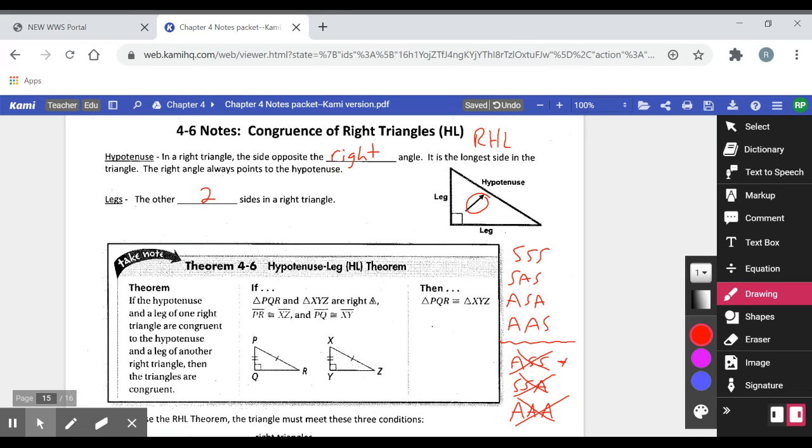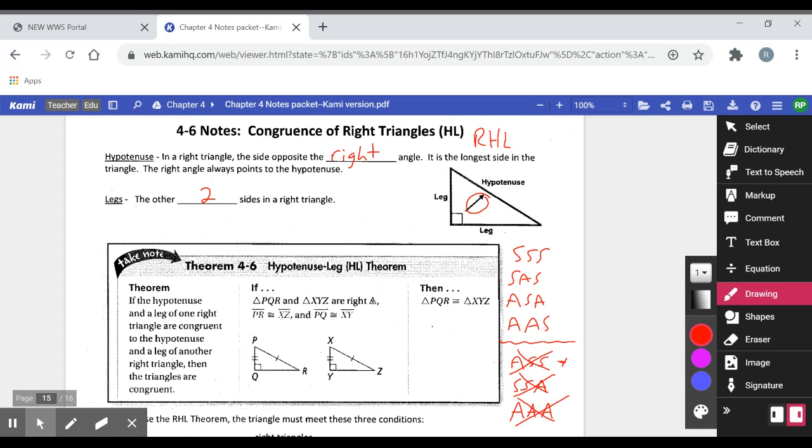So if you look here is our special condition. You might look at this one and think angle, side, side, or side, side, angle, and think, wait, I thought that didn't work. But this is the special condition, and we give it a new name, so it's not a bad word.